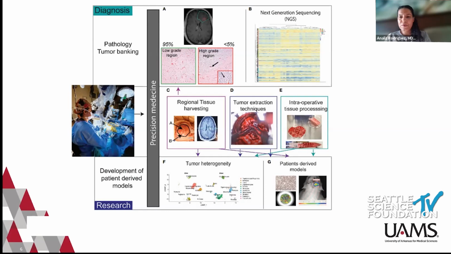When you're in an operating room, you have control over regional tissue, taking tissue from different regions. There are a lot of different groups looking at the enhancing core versus the flare, surrounding flare. What about harvesting cells near the subventricular zone to enhance glioma stem cell culturing afterwards? And how are we taking out the tumor?